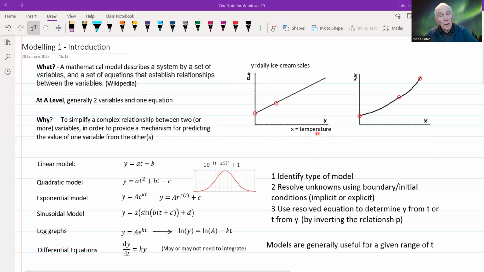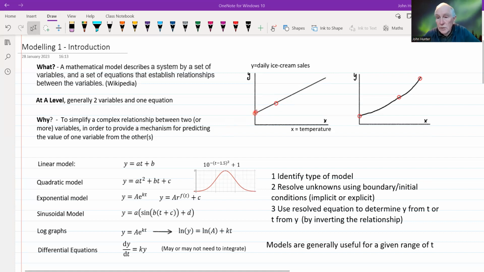Intuitively, you think, well, it's warmer, you're going to sell more ice creams, and so we may have some notion about the fact that there's just a linear relationship between these, and this is described by this line. So we might conjecture that there's a linear relationship. Let's form a linear model.